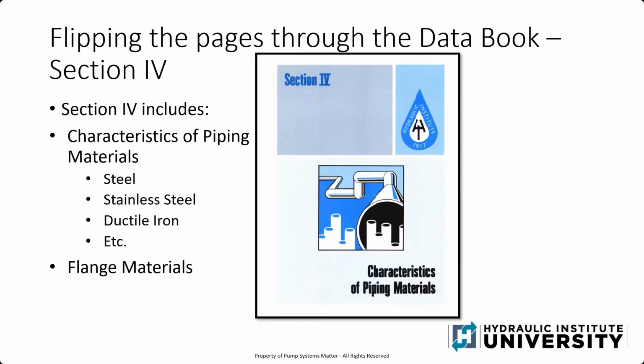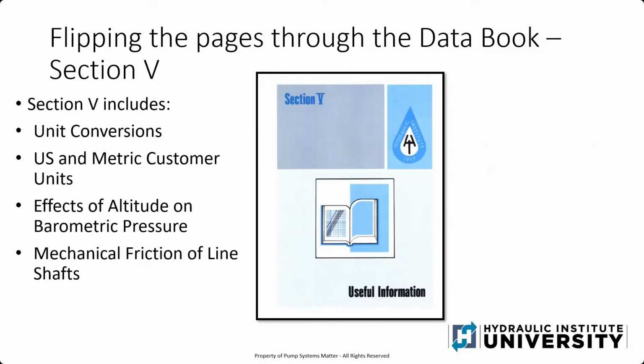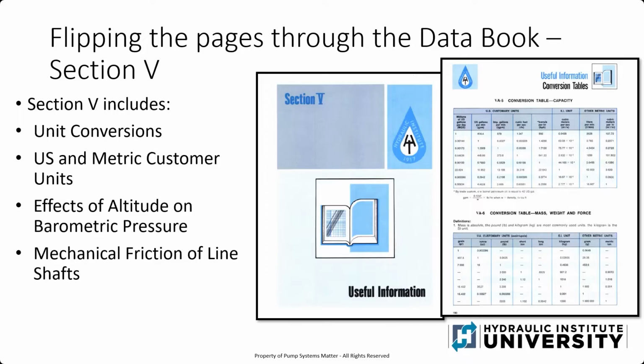Then section 4 provided the pipe and flange materials. So what are the dimensions of the pipes? And then section 5 had useful information, some conversion tables, other things related to altitude, information on mechanical friction in line shaft pumps.